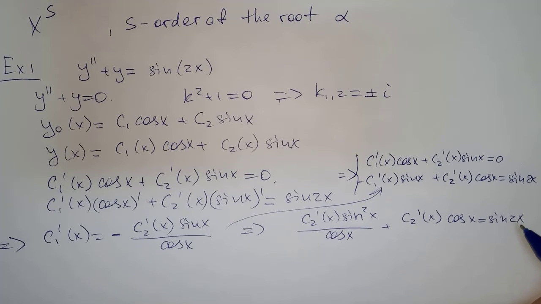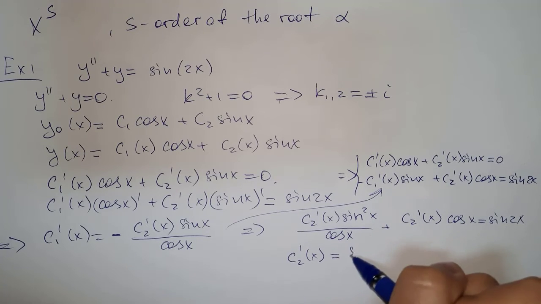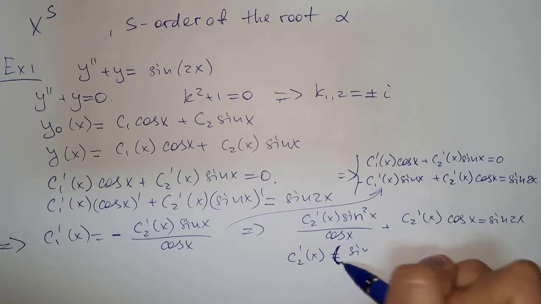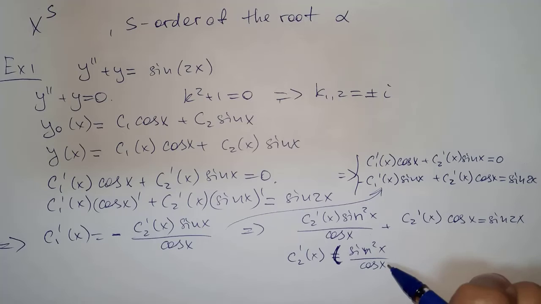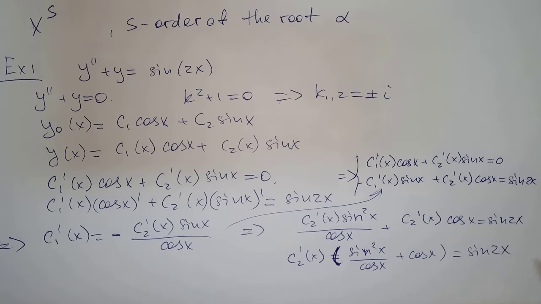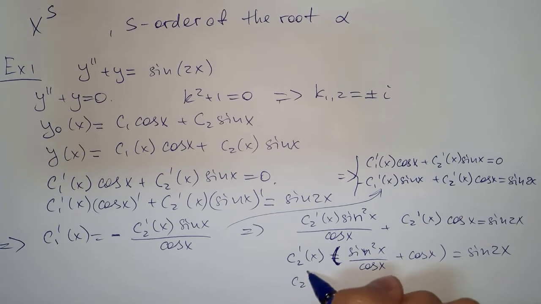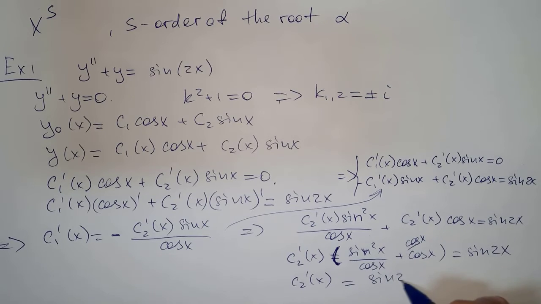Let's factor out c2 prime of x: sine square x over cosine x plus cosine x equals sine 2x. In this way we can find c2 prime of x. If we multiply by cosine x, we have in the numerator 1, and it will be sine 2x times cosine x.